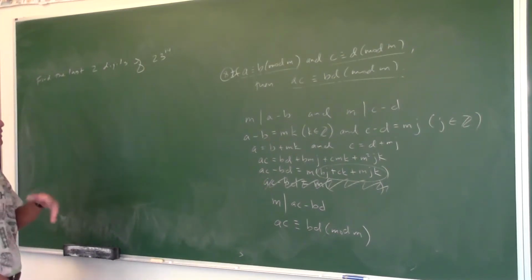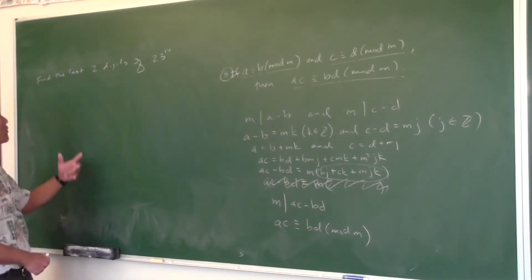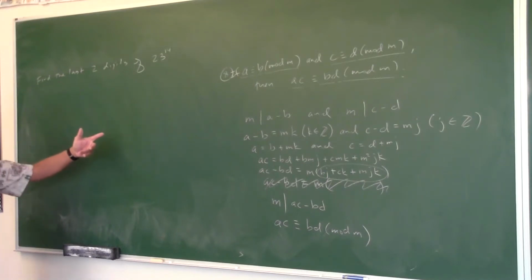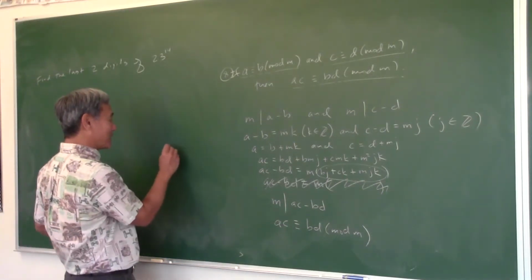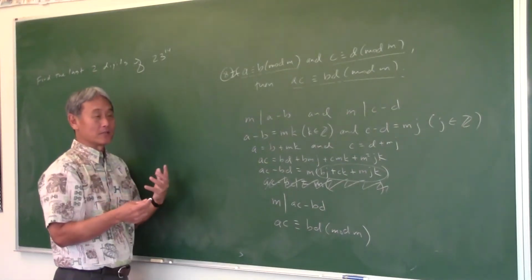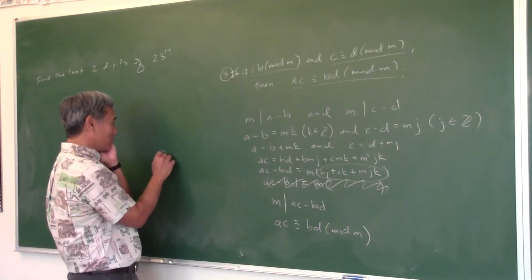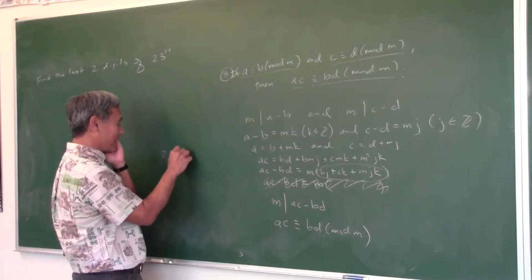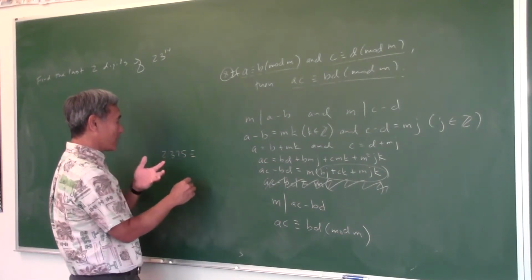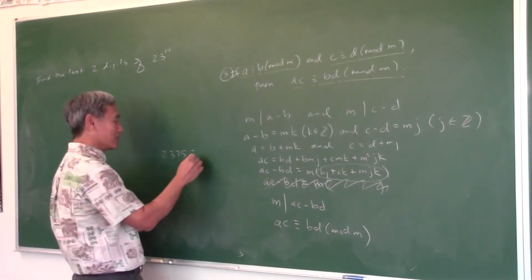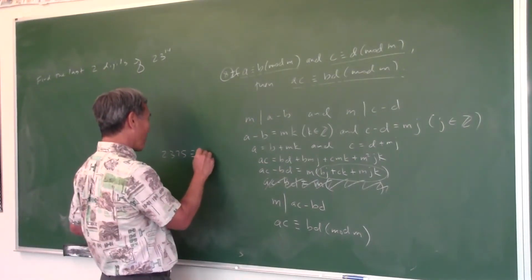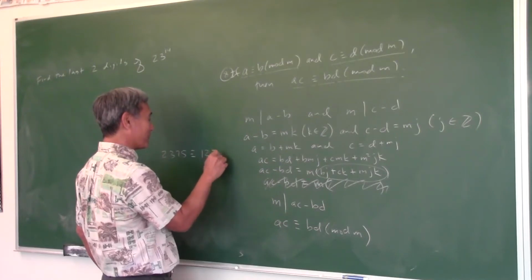So, first of all, you have to decide what mod you want to work in. Well, if we want to find the last 2 digits of a number, we're going to work in mod 100. Why is that? Think of two numbers that have the same last two digits, like 2,375 and 1,275.